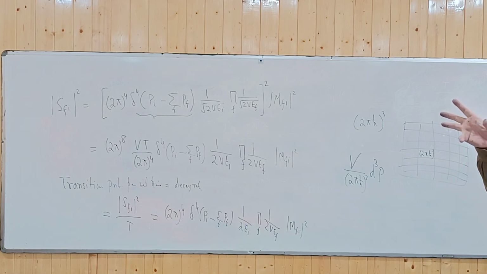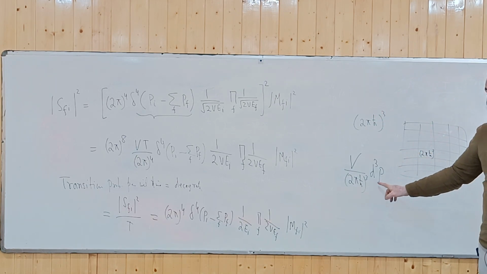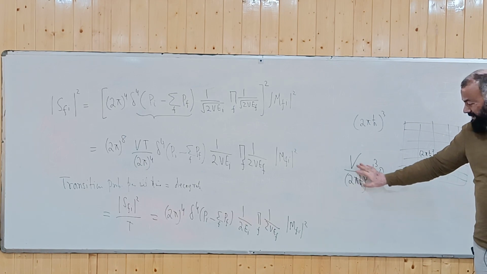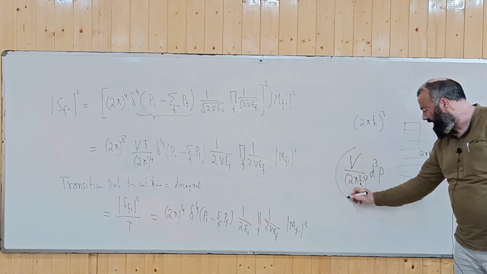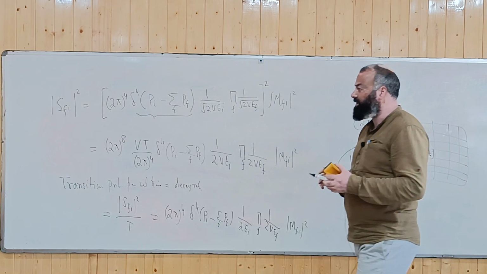That means you will have two volume elements for two particles. Is it correct or not? Because you can receive one particle in one detector and another particle in another detector. So how many factors of d³p will there be? Two. For each particle you will have this kind of factor. Let me write it symbolically.